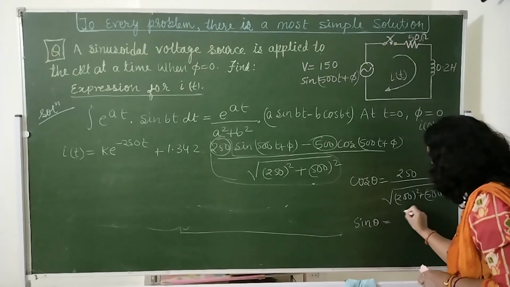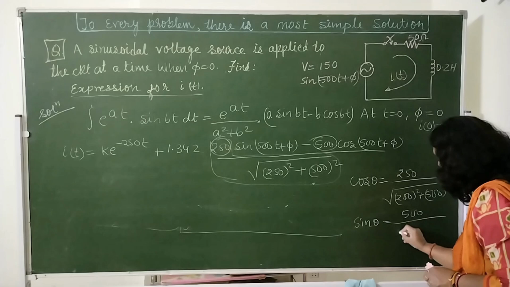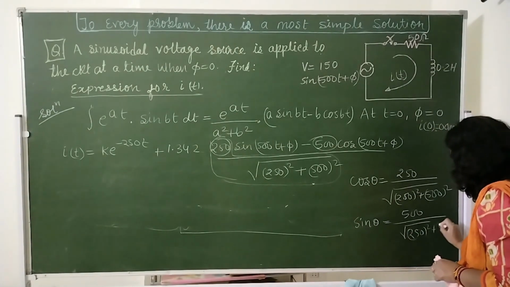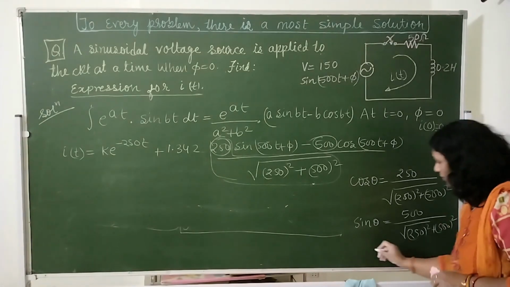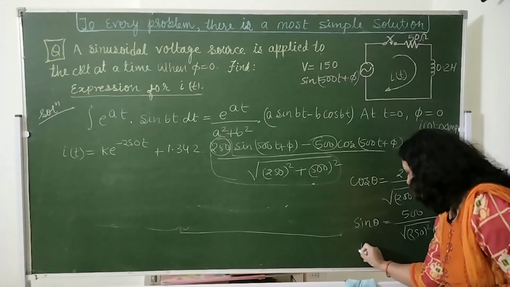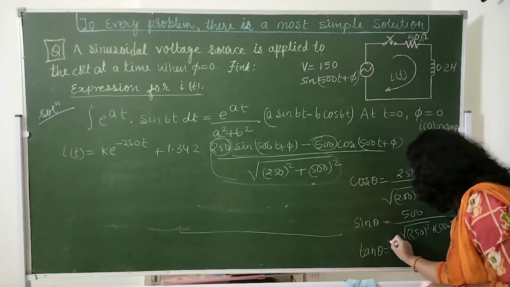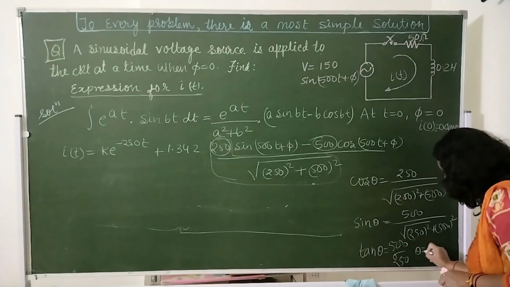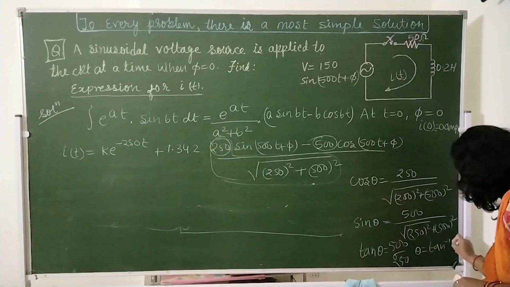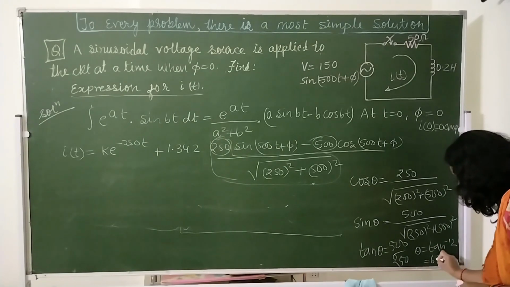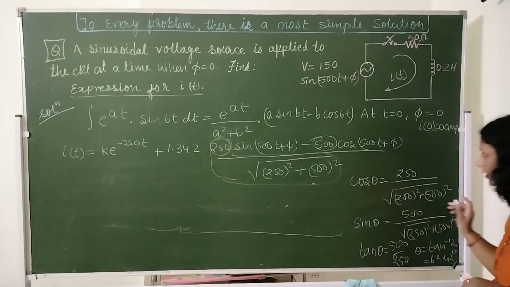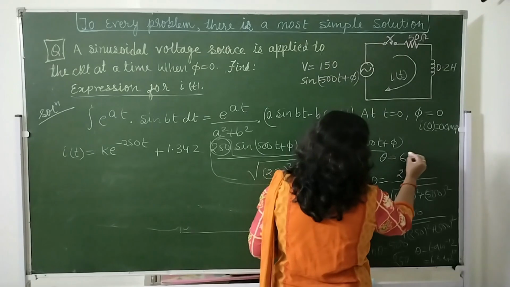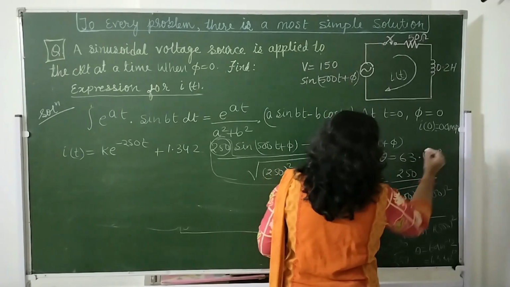This is 500 divided by the square root of 250 squared plus 500 squared. From here we can get the value of tan theta, which is equal to 500 by 250. So theta is equal to tan inverse 2, which is equal to 63.43 degrees. From here we got the value of theta, and that is 63.43 degrees.